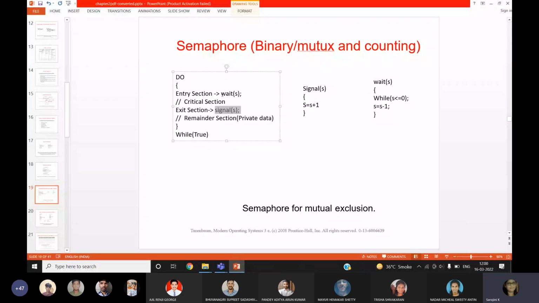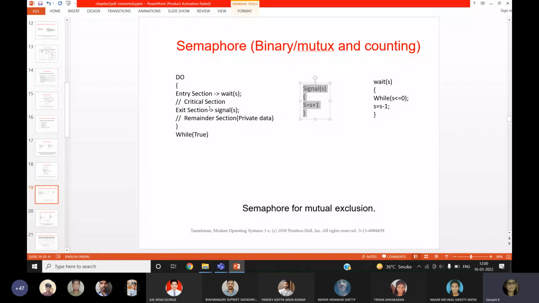But you have to understand what they are. That's why the definition of wait is given. Wait is this one. Signal, what is the definition of signal? That means this is a calling of a function. So when this function has been called, this will be executed. So this is a signal function. This is the wait function. This is the signal function.